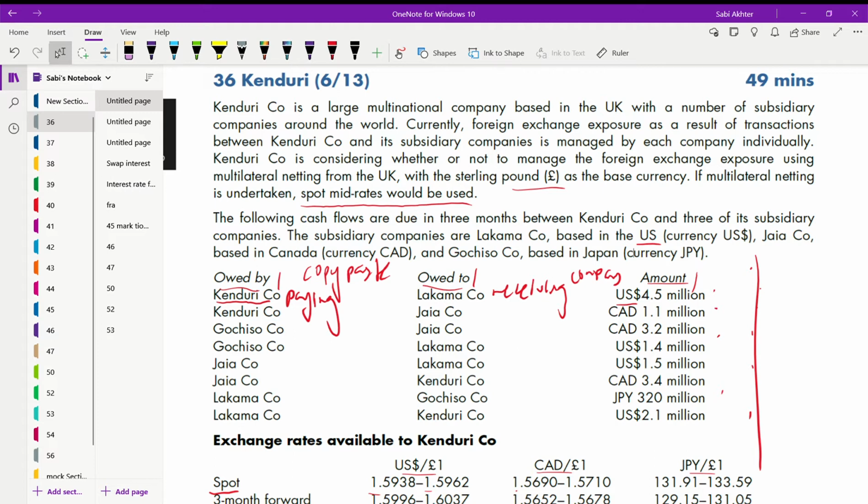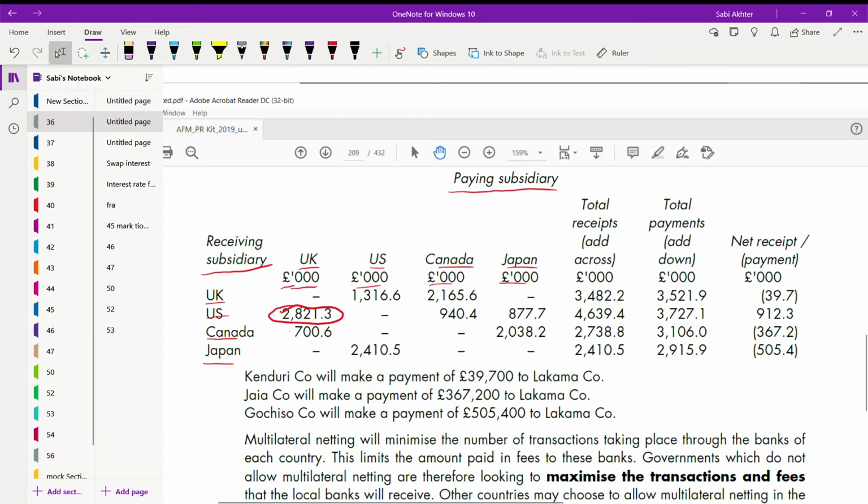So it is Kenduri who is going to this one. So in terms of that will be the rate. Because UK is owing and US is receiving. 28213. But this amount, it is different. This time, the paying company is US. US is the one who is paying to UK. It's going from US to UK. This is how the money is going. Understood?